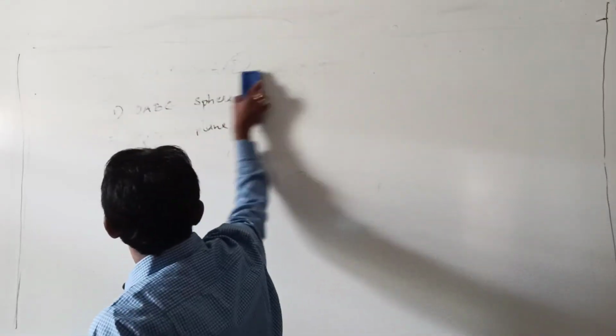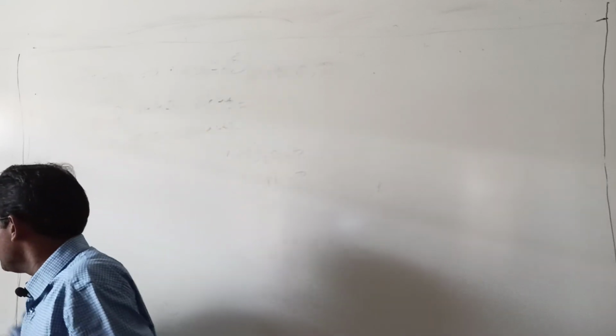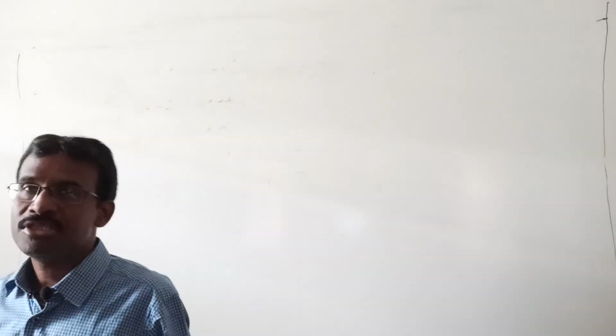Now, let us see one problem in this section. They will give 4 points A, B, C, D. Verify or prove that those are concyclic points.